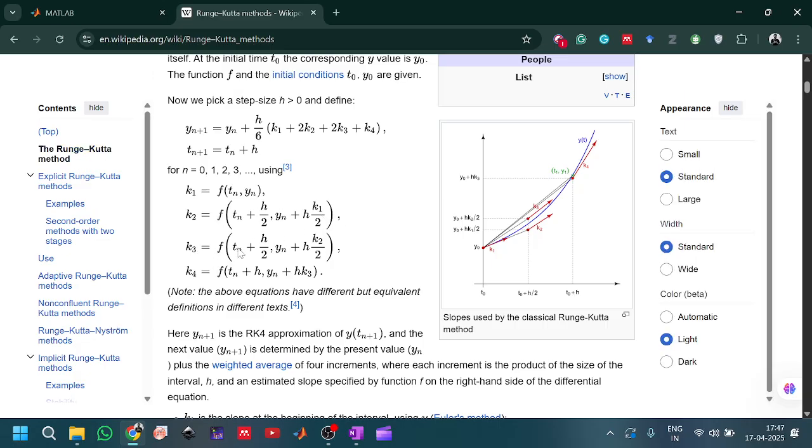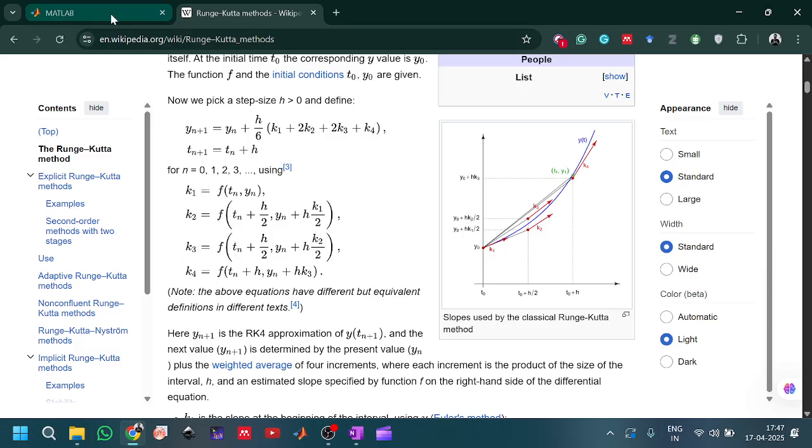Then you will have k3, at midpoint Tn. You are evaluating at the midpoint here also, but first you use k1 to get k2, then you use k2 to get another variable k3, and from k3 you get k4.